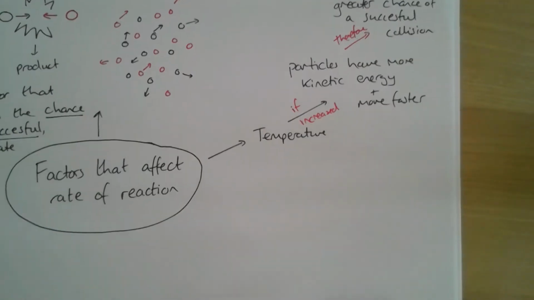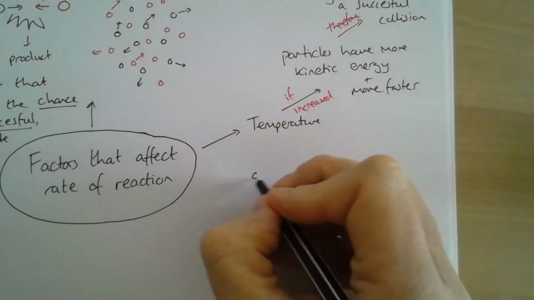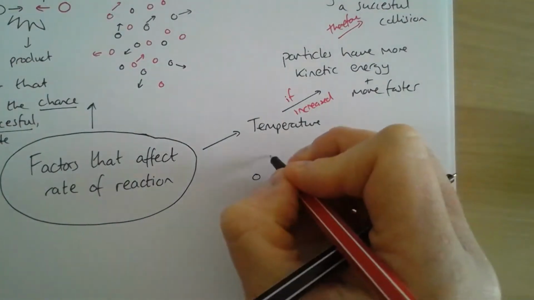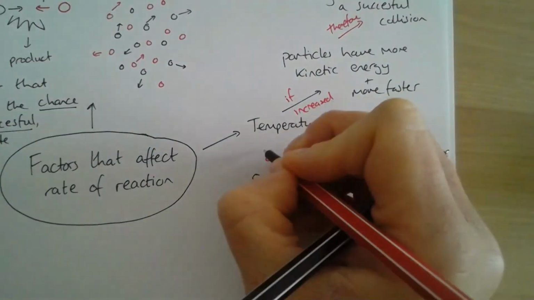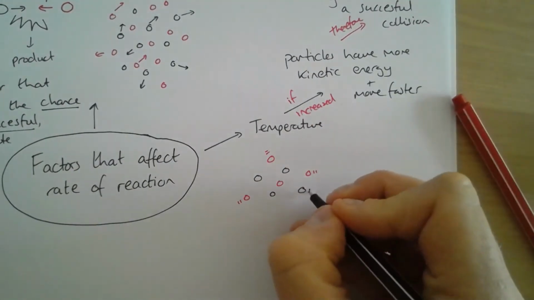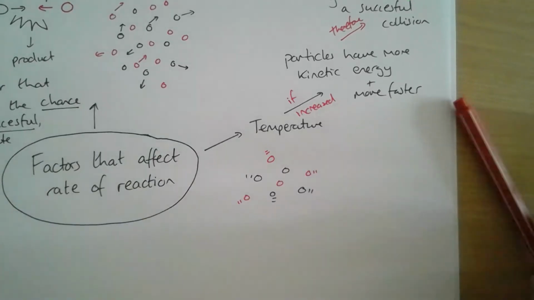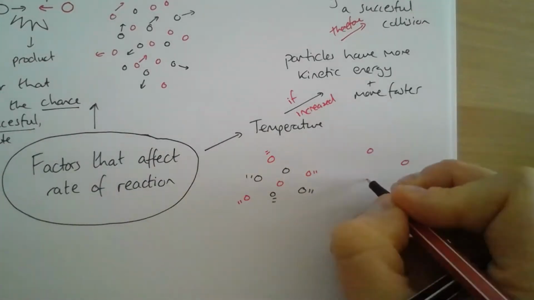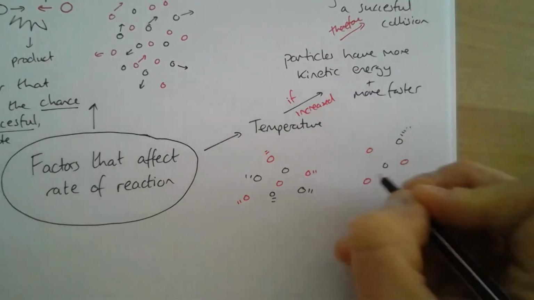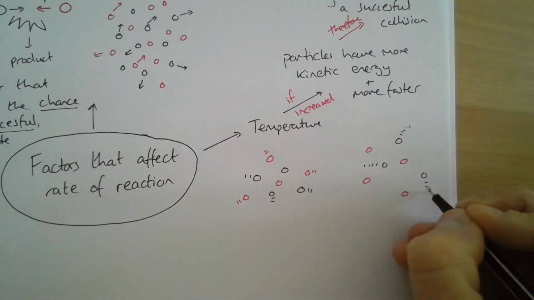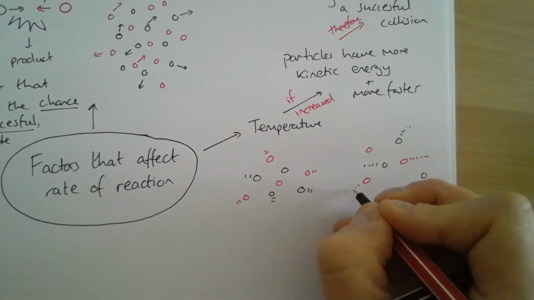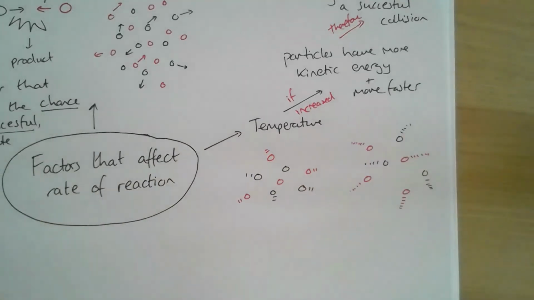If we were to think about drawing this as a diagram, it's not the easiest thing to draw, obviously, because we can't draw our particles as moving, but if we just draw these little lines here to represent the movement, so this would be at a lower temperature, and then at a higher temperature, more paths showing that these particles are moving randomly but faster because they have more kinetic energy.